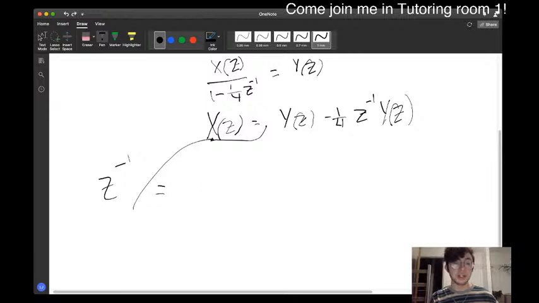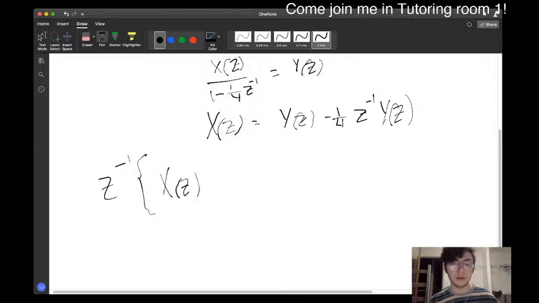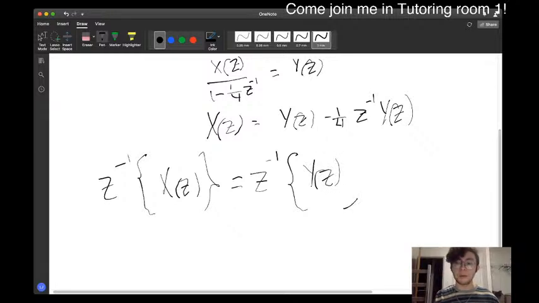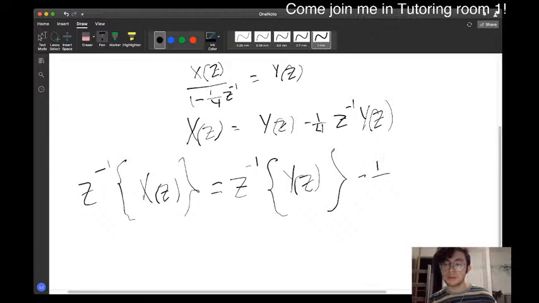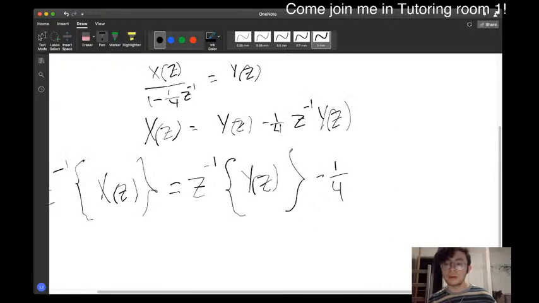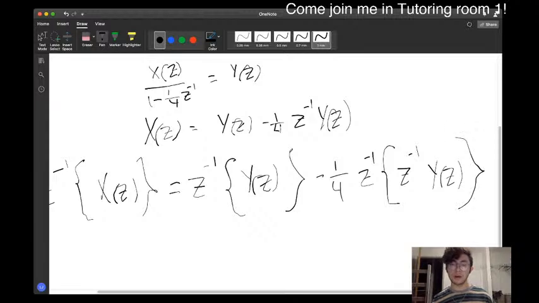Let me write out everything and not cut any corners. It's the inverse z transform of all of these. Remember, we can apply linearity so that we can take out the coefficient. The inverse z transform of z inverse times Y(z). Okay? Great. So what do we do now?